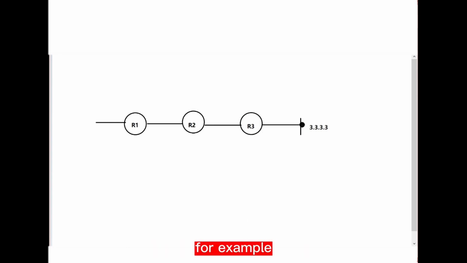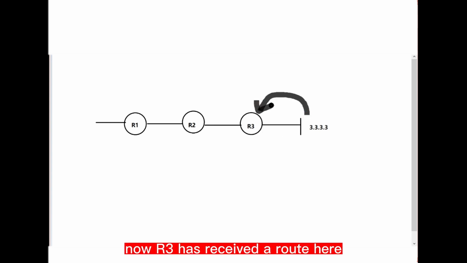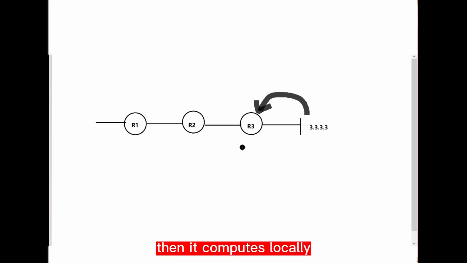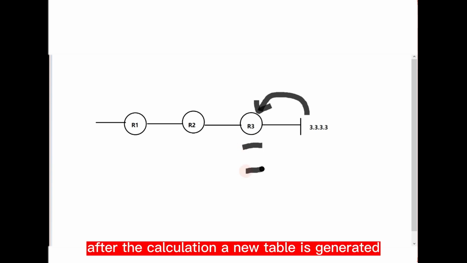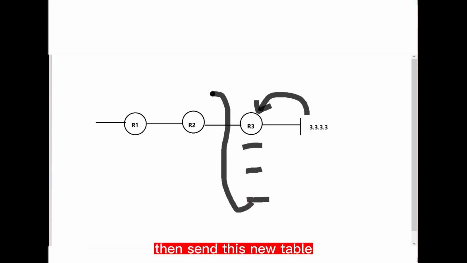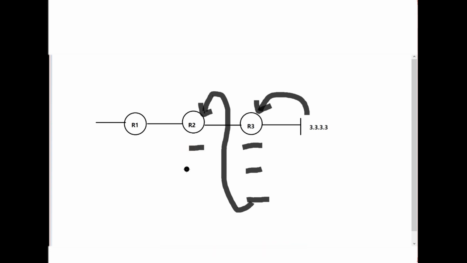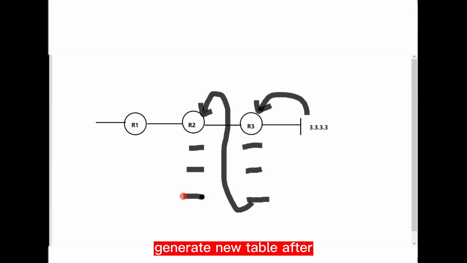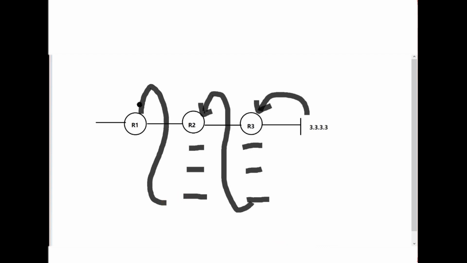For example, now R3 has received a route. Then it computes locally, and after the calculation a new table is generated. Then it sends this new table. R2 receives R3's table, also starts calculating, generates a new table, and then sends it to R1.